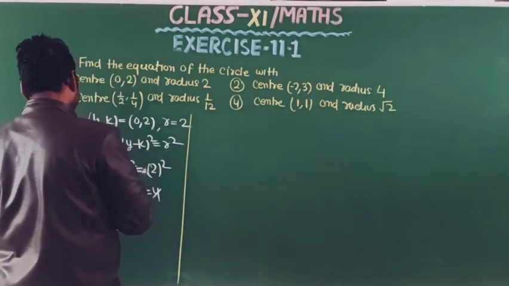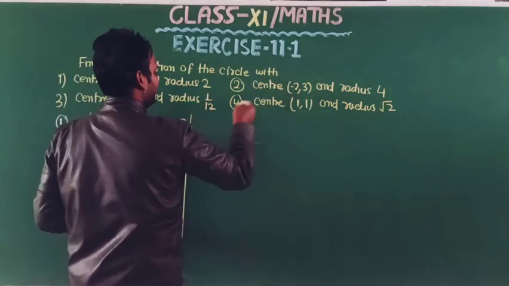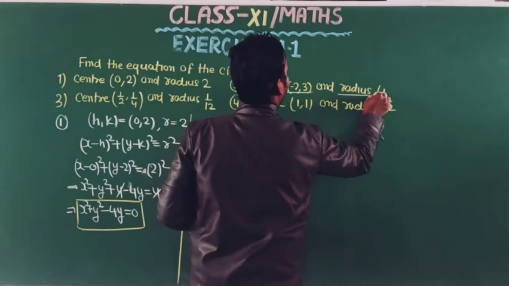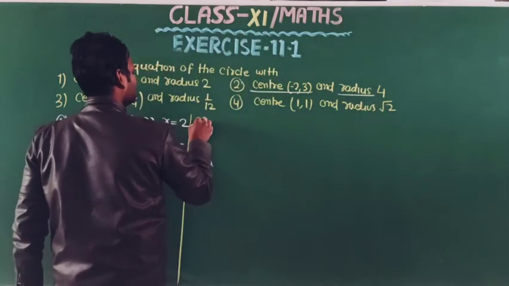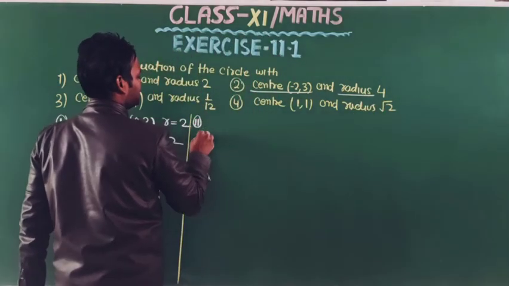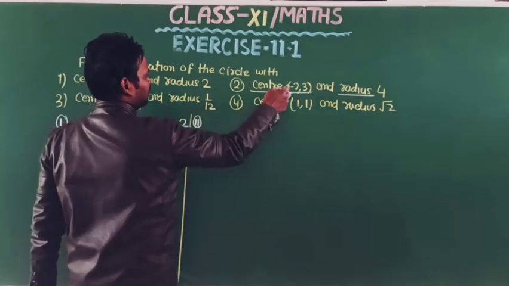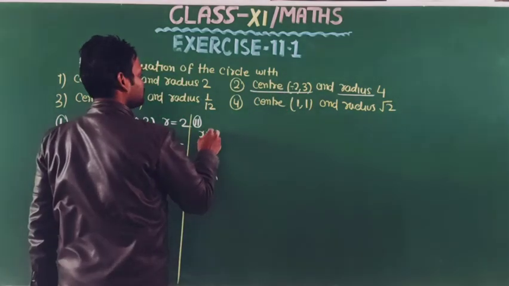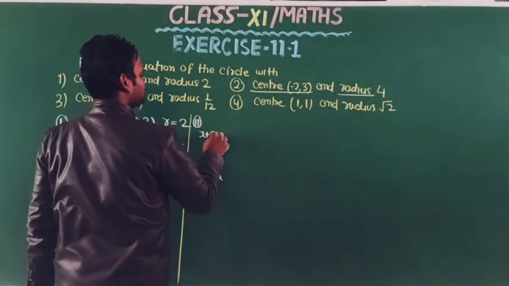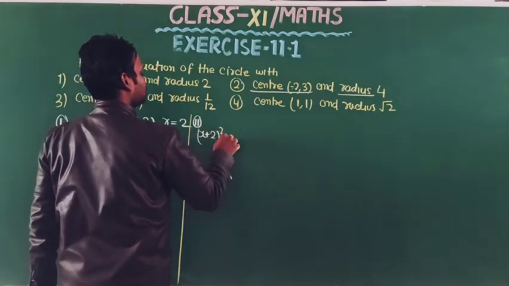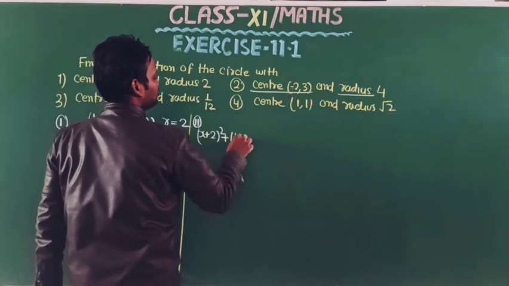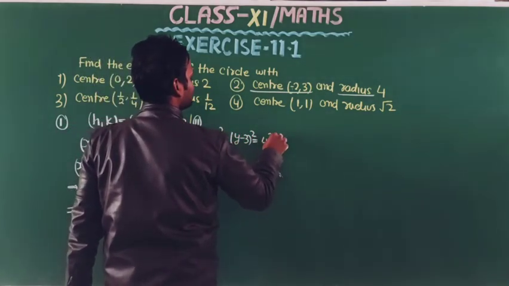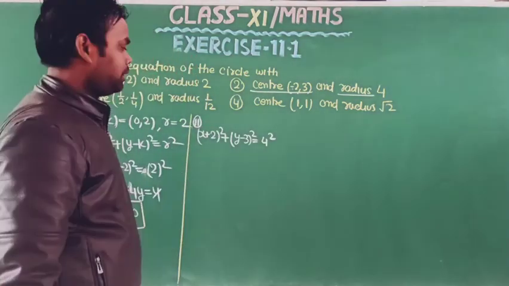Now move to the second part. Here center is (minus 2, 3) and radius r. So equation of circle becomes (x minus h), here h is minus 2, so this will be (x plus 2) whole square plus (y minus 3) whole square equal to radius 4 whole square.